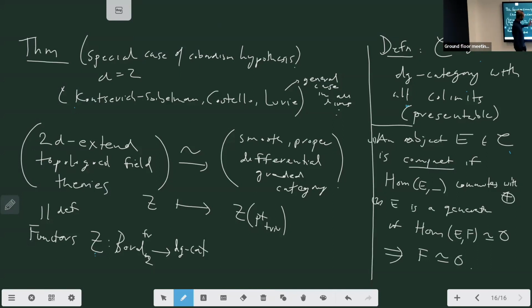Because if all this stuff about differential graded categories seems very complicated, we can really reduce to something very concrete.